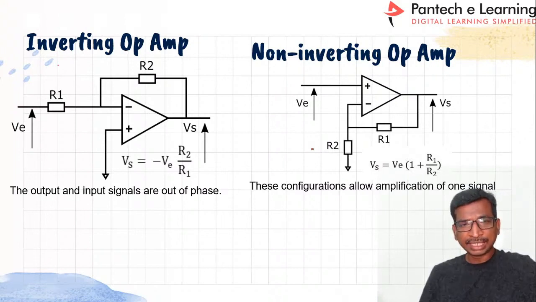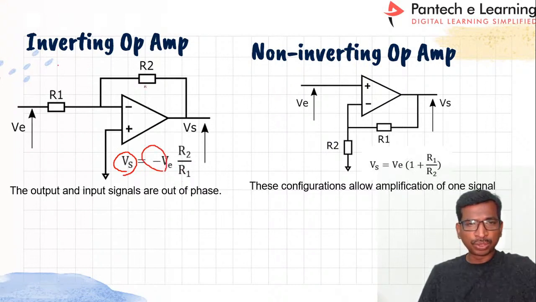In this configuration, the output voltage to input voltage ratio will be negative R2 divided by R1. Similarly, for the non-inverting one, the gain will be R1 divided by R2.